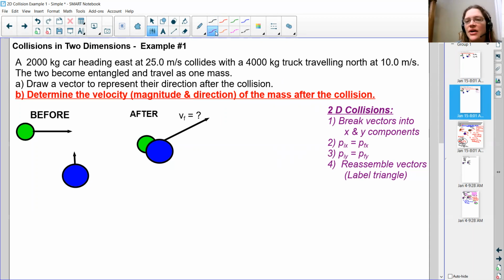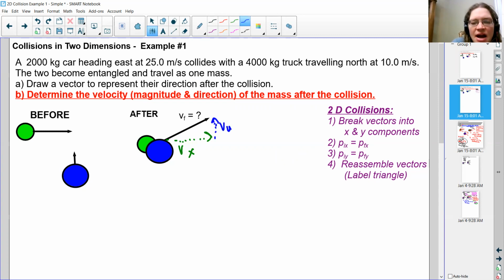So again, to remind you, we're looking at an x component here, and a y component here.